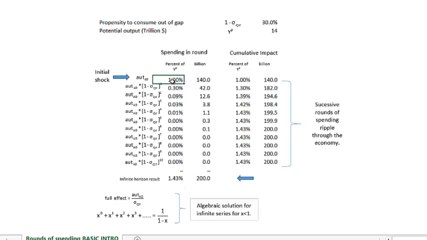This is the multiplier effect. In billions of dollars, we started off with an initial shock of $140 billion, and guess what? After successive rounds of spending, the final impact was $200 billion.